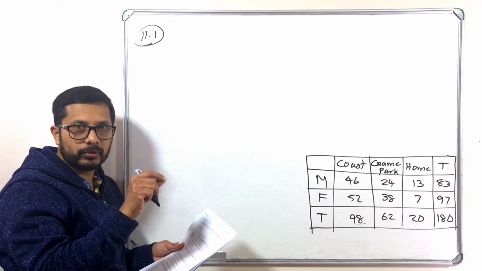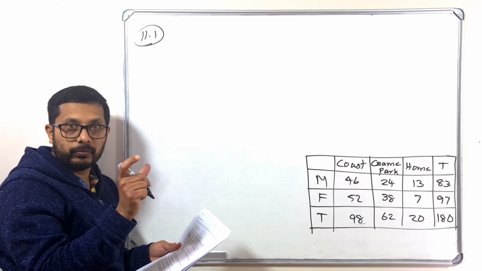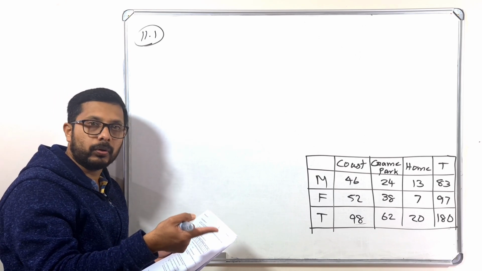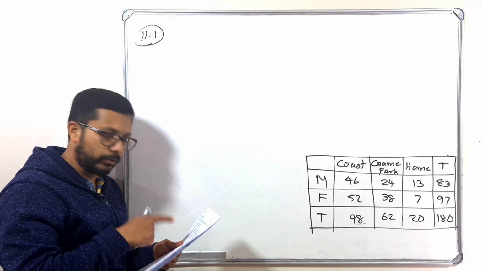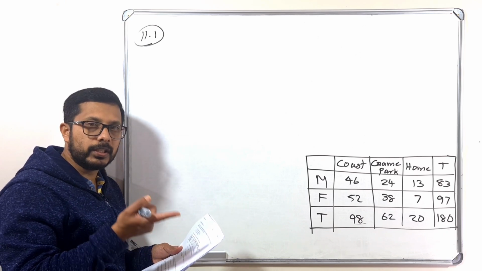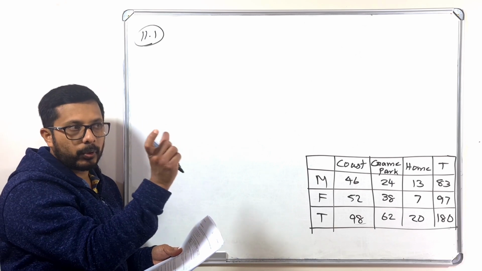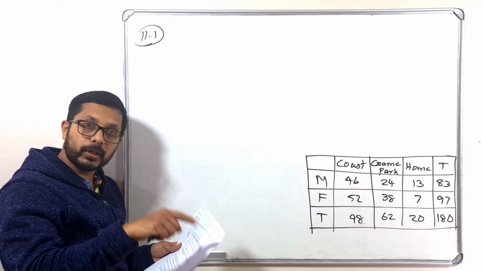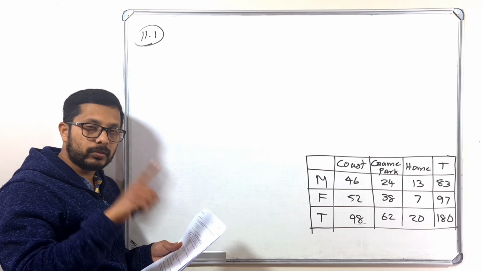When you write your exam, you have to read it carefully to see whether the question asks for the number or the probability. Here you have to find the probability. When it is probability, it is the number of that particular event divided by the overall total number of events. Don't forget that.